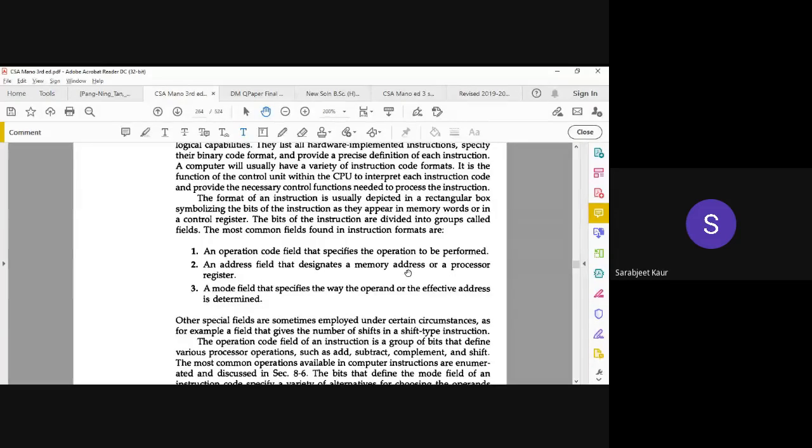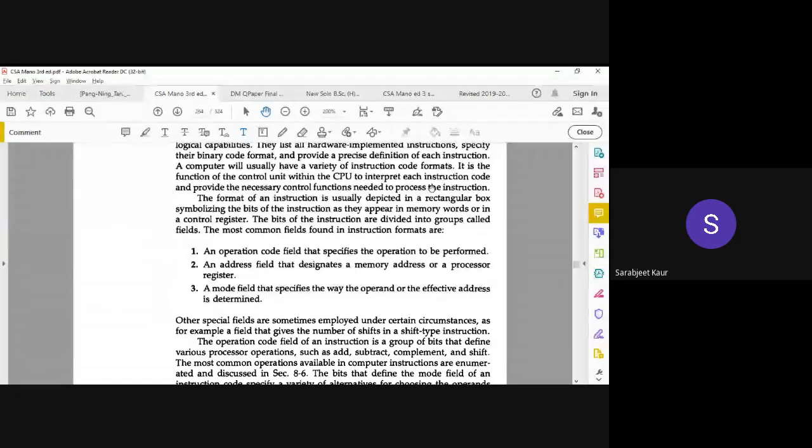So far, we've done instructions wherein the address generally designates a memory address. It could also refer to a register, which we will see in this section now.